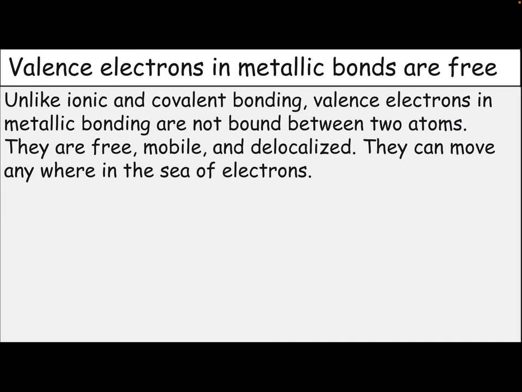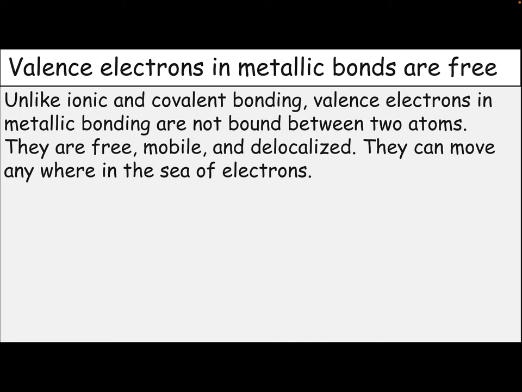So, let's talk about these valence electrons, okay? It's important to understand the difference between the valence electrons in metallic bonding versus those in ionic and covalent bonds, okay? Valence electrons in metallic bonds are free.